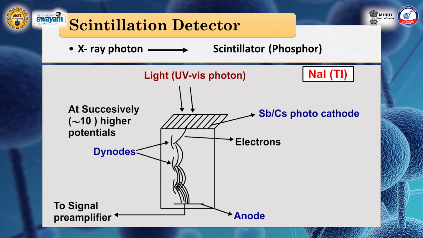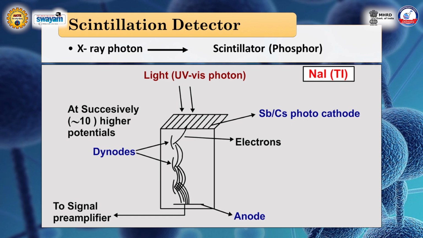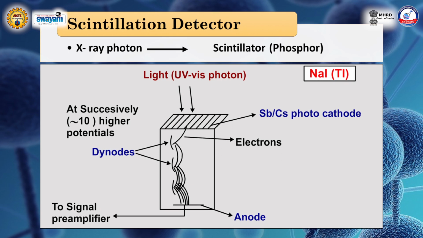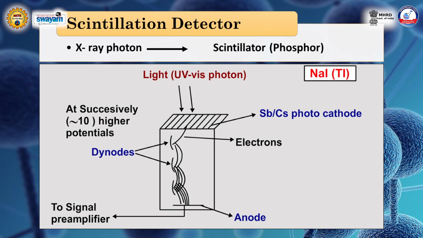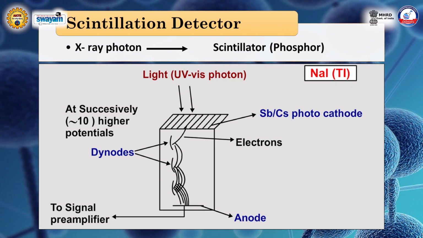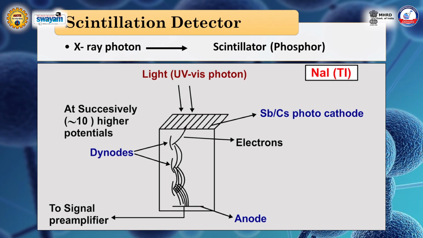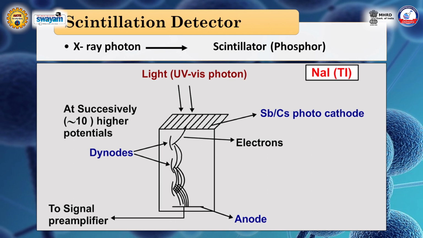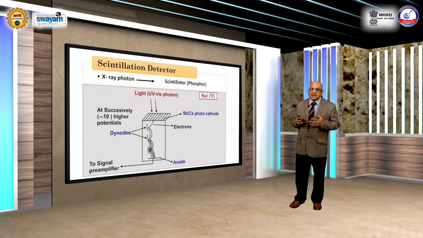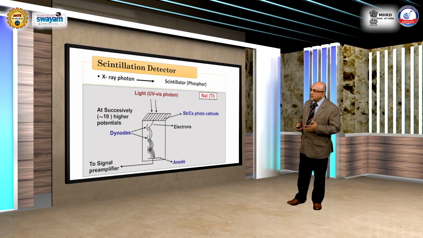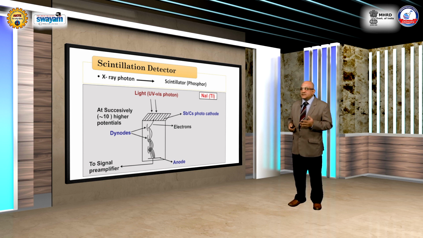These electrons fall on what are called dynodes, and they keep multiplying, and finally they fall on the anode. So from the photocathode to the anode, you have a large increase in the number of electrons, and so the signal of the X-ray falling on the detector is amplified. This is a scintillation detector, which is very commonly used in most X-ray diffractometers.